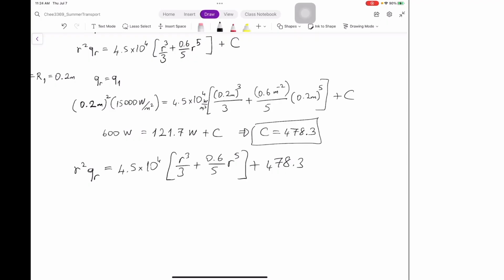Now, I could have written Fourier's law right now and done another integration and gotten another constant, but I don't need it, because the other boundary condition doesn't tell me anything about the surface temperature.